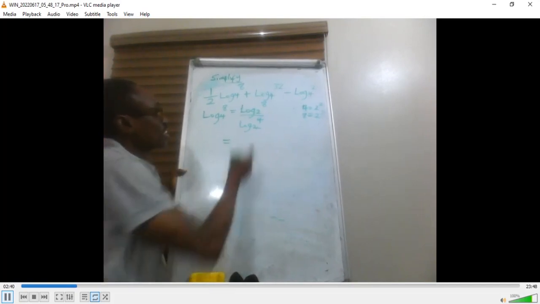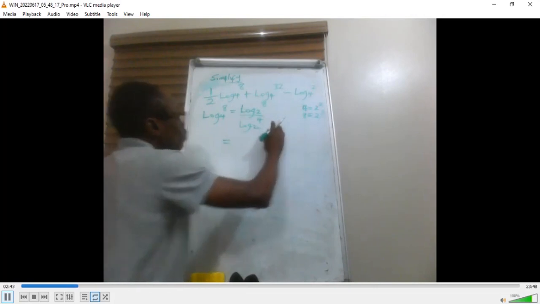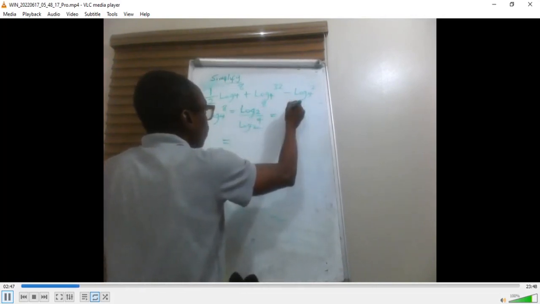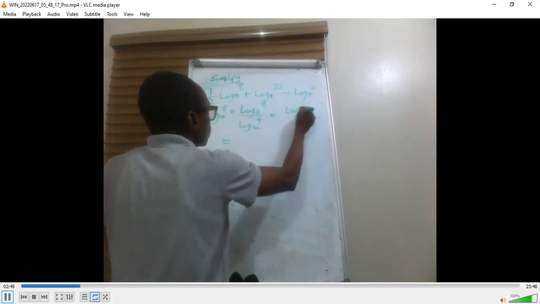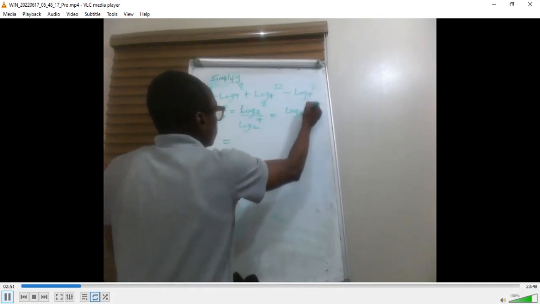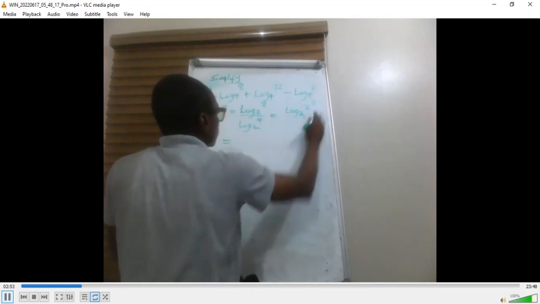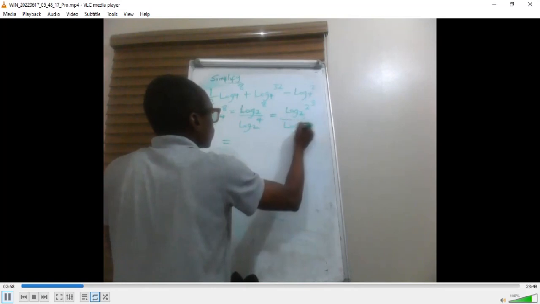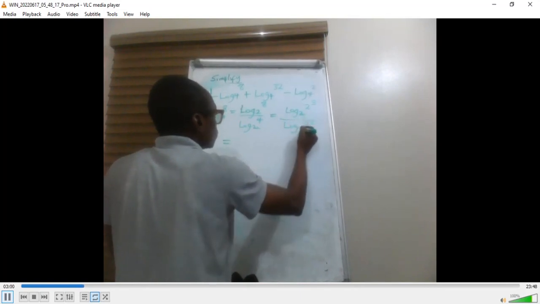At the end of the day, we replace 8 with 2 raised to the power 3, and in place of 4 you put 2 raised to the power 2.